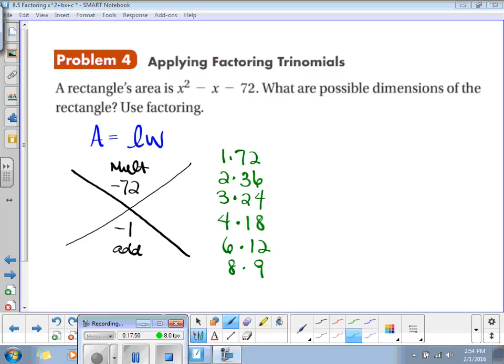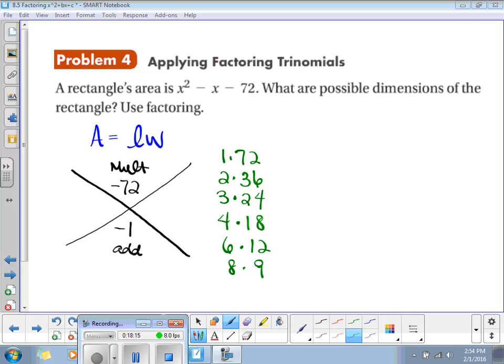Again, we want a negative, right? So if we want a negative, one has to be positive and one has to be negative. When we add, we want a negative 1. So which one has to be positive, which one has to be negative? The smaller one has to be positive.